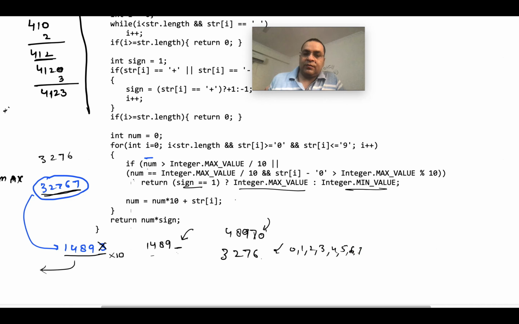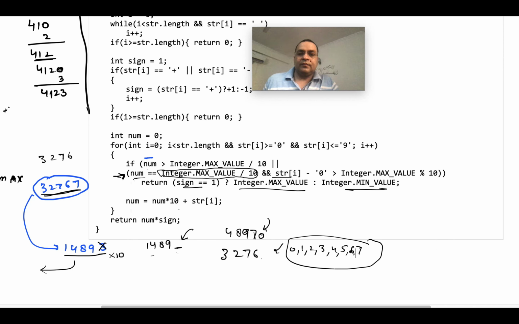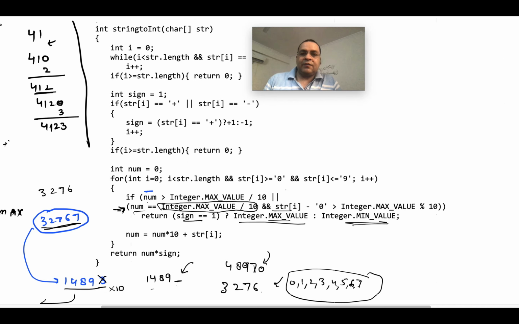Then that should be allowed. So the second check is for that case: if the number is exactly equal to Integer.MAX_VALUE divided by 10 and the current digit is less than or equal to 7, then we should allow it. If the current digit is greater than 7, we return integer maximum or integer minimum depending on the sign. So this is a reasonably straightforward method.